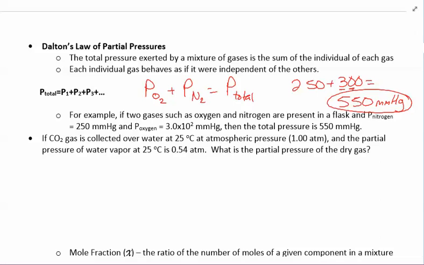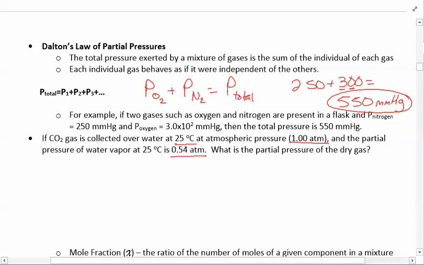Most often with these types of problems, in the next problem, when we collect gases, usually we collect it over water because it helps us to measure the amount of gas that we're getting. So if we collected CO2 gas over water at 25 degrees Celsius, and atmospheric pressure, the partial pressure of water vapor at 25 degrees Celsius is 0.54 atmospheres.